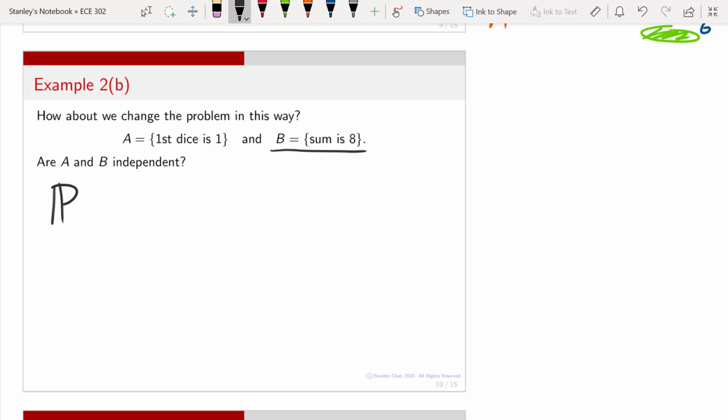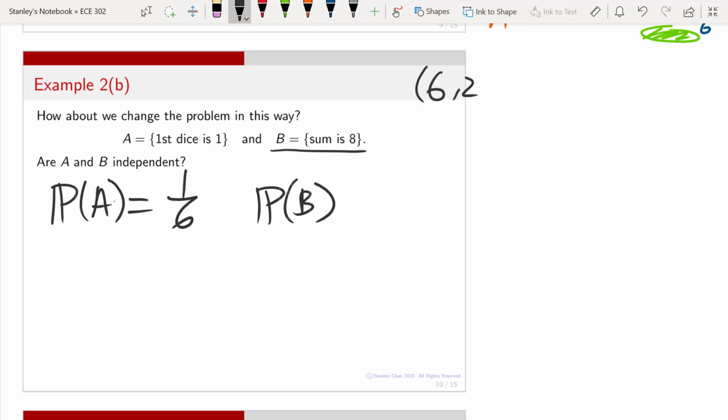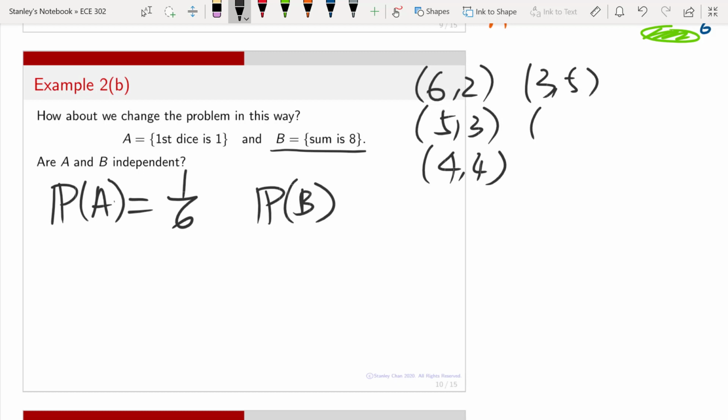So what is the probability of A? The probability of A is 1/6. For the probability of B, we need to calculate all the possible cases. In order to get 8, you have to get 6, 2, 5, 3, 4, 4, 3, 5, and then 2, 6. So you have 5/36 options.